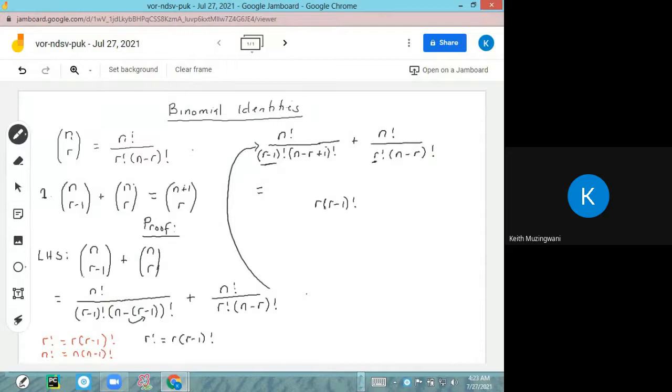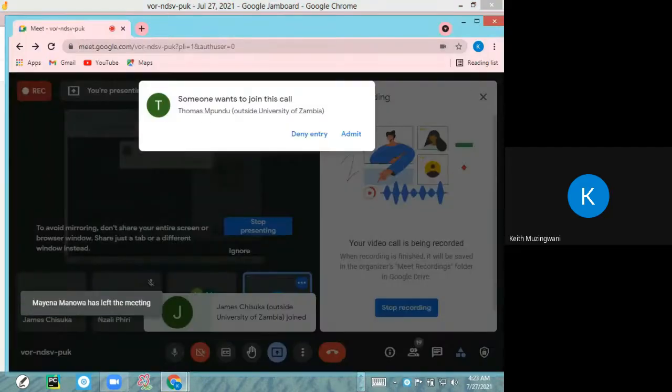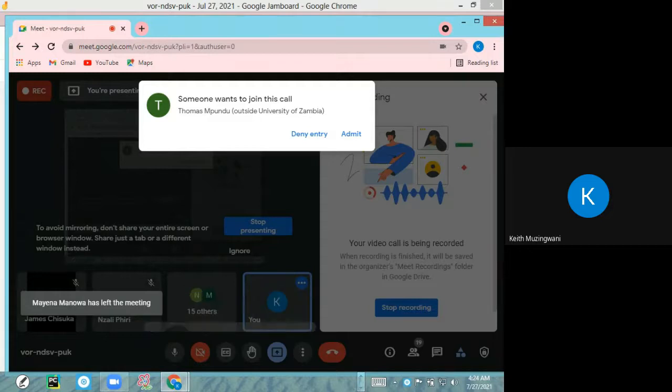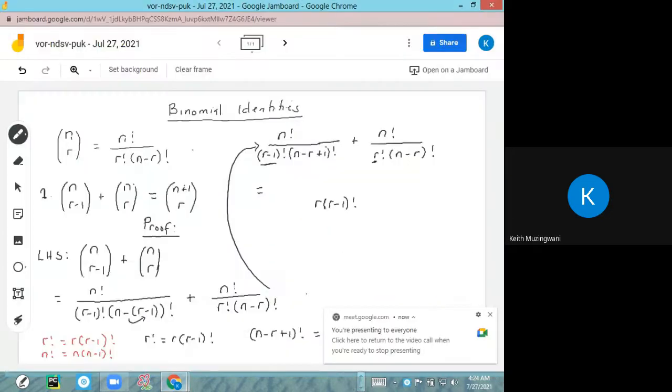Instead of writing it as n minus r plus 1 factorial, if you take this whole thing to be one thing, you discover that you have n minus r plus 1 multiplied by n minus r factorial.